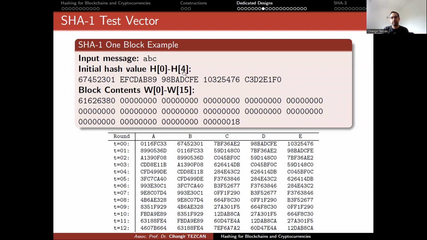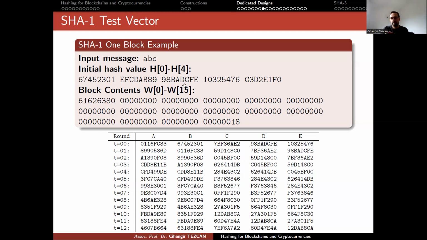So this is how you start. You have the input message, you turn it into a message block of 512 bits. Your IV is this. This is probably randomly chosen in the design phase. This is what is written in the standardization documents.